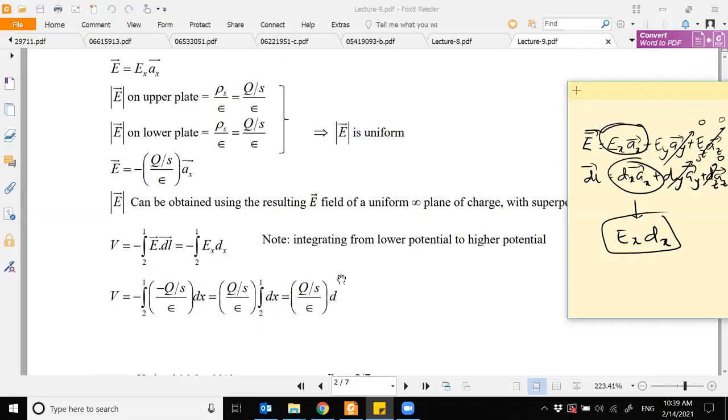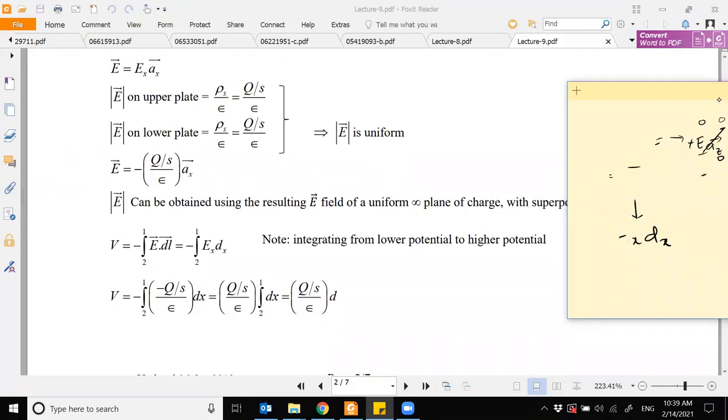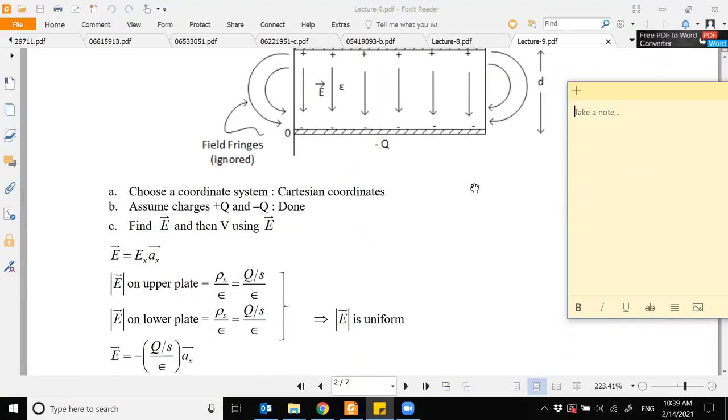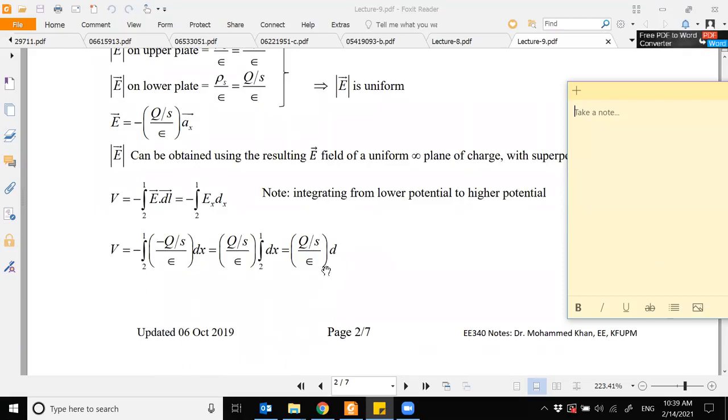And what will be the integral 2 to 1 of dx? It is nothing but the distance that you kept between your lower plate and your upper plate, which is your d value, right? Because you are integrating from here to here, so dx from here to here is nothing but the distance value, which is your d.